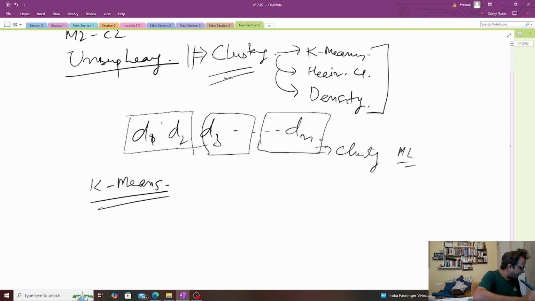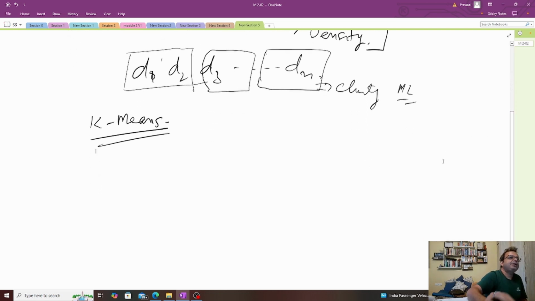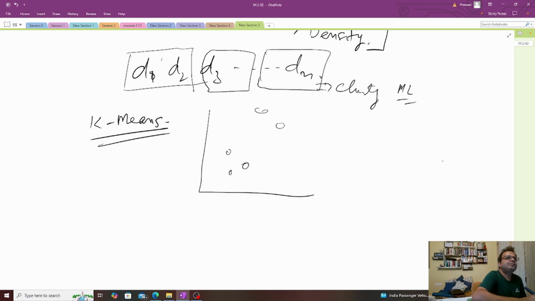So what happens in k-means is, and just for interpretability, let's think that there are only two features, because then it is easy to put it in a two-dimensional graph. So let's suppose these are your data points. Intuitively you can understand that this is one cluster, this is one cluster, and this is one cluster.